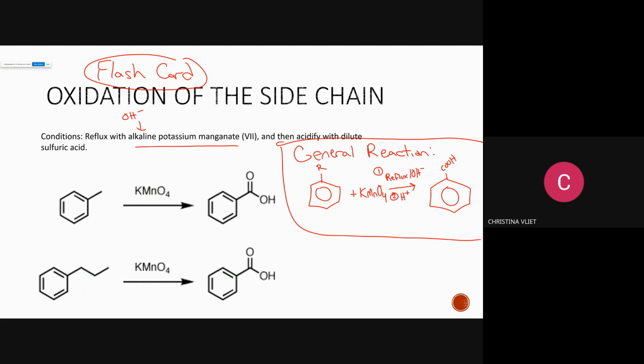And then there's a couple of examples here. Notice this goes straight to COOH, but notice this, even though it's 3 carbons long, also goes to 1 COOH. So the product's always the same. The product's always just benzoic acid, no matter how many carbons it is, the key thing here. 1 carbon, 2 carbons, 3 carbons long.